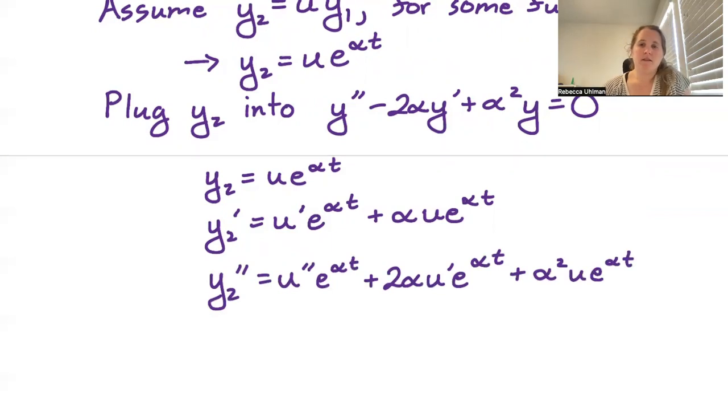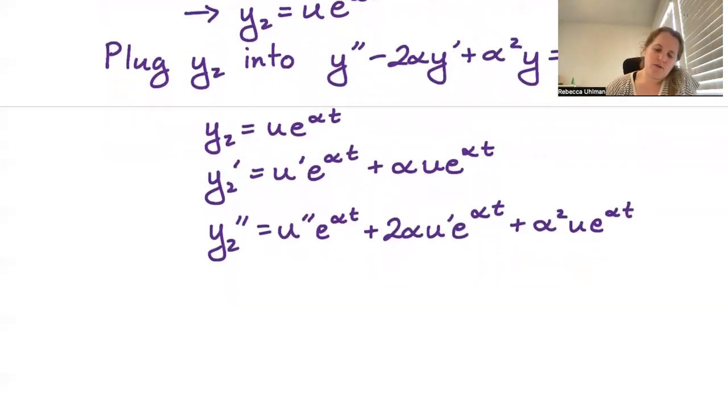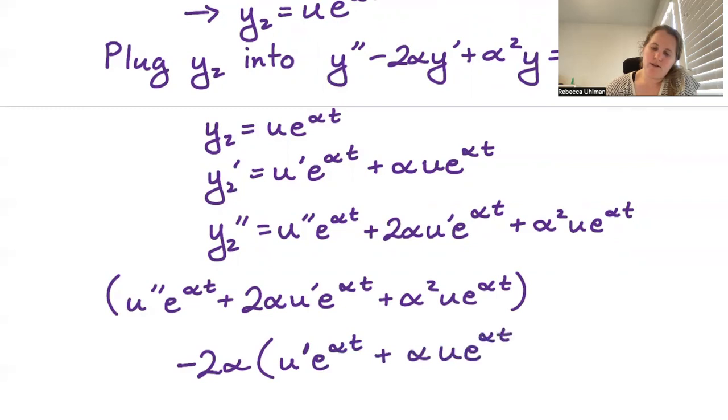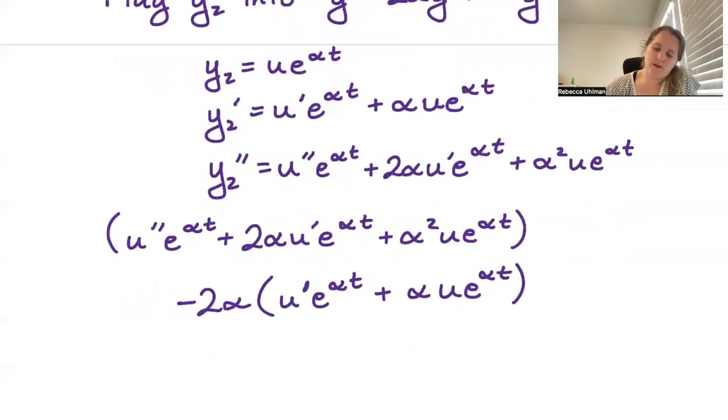So if we plug this into that differential equation, we would have y double prime, so u double prime e to the alpha t plus 2 alpha u prime e to the alpha t plus alpha squared u e to the alpha t, minus 2 alpha times u prime e to the alpha t plus alpha u e to the alpha t, and then plus alpha squared times y2, so times u e to the alpha t.